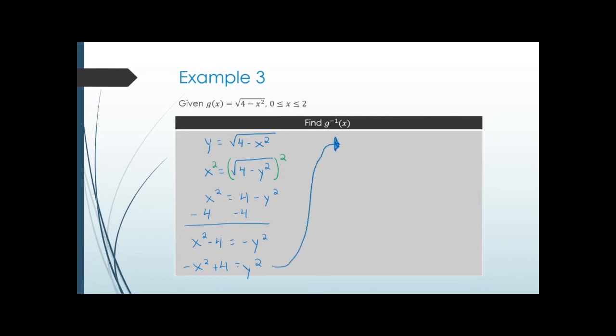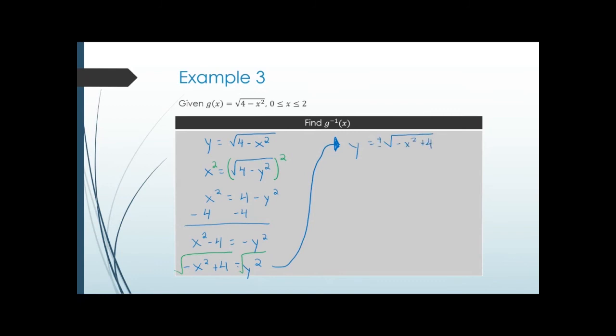Now I need a y, not a y squared, so I need to take the square root of everything in order to get y. And we get y equals the square root of negative x squared plus 4.